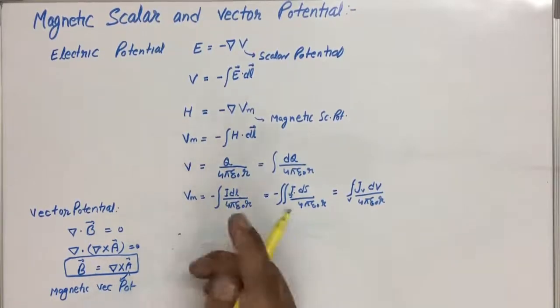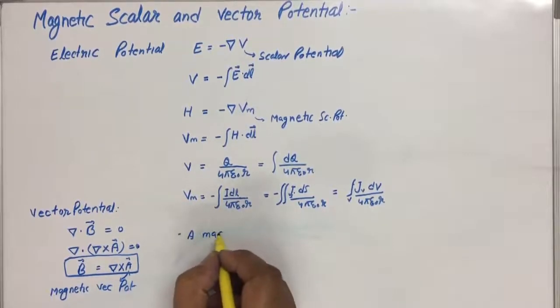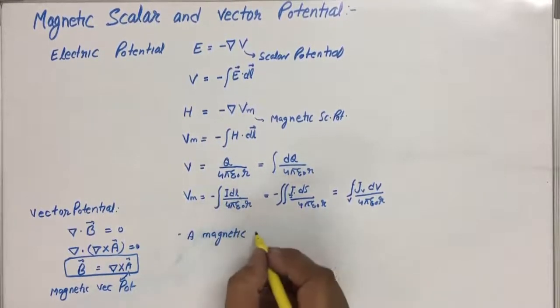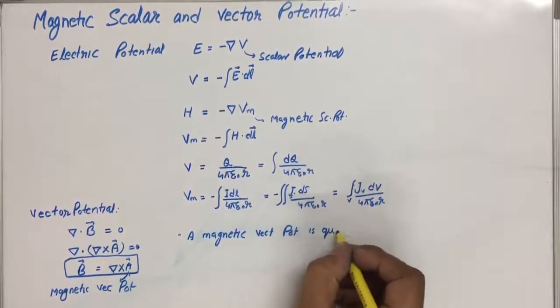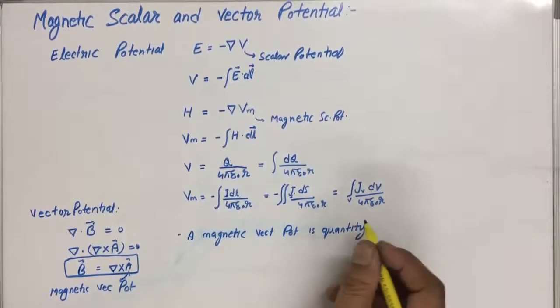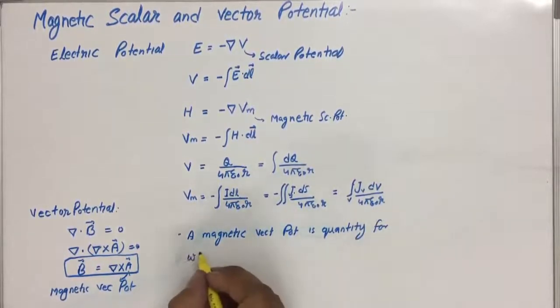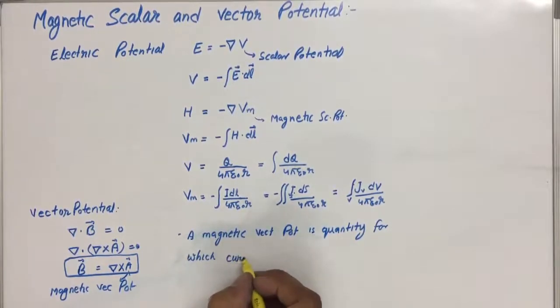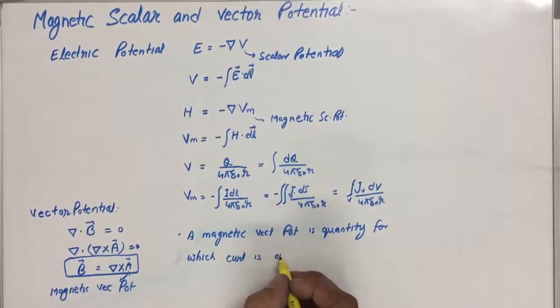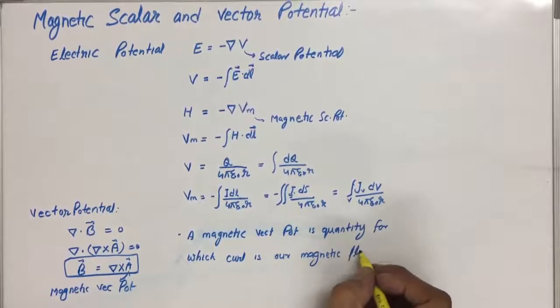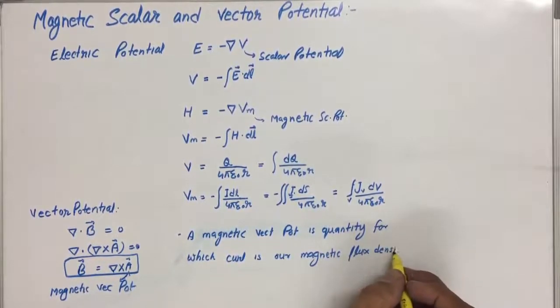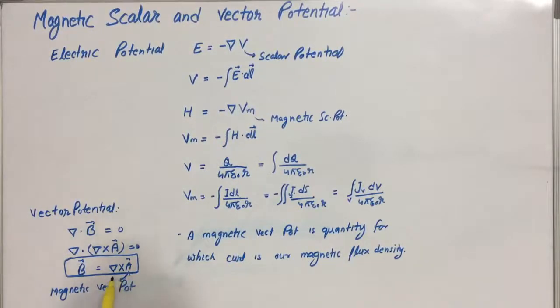So we can say the magnetic vector potential is the quantity for which the curl is our magnetic flux density. From this statement we can understand that the vector for which the curl is the magnetic flux density is known as the magnetic vector potential.